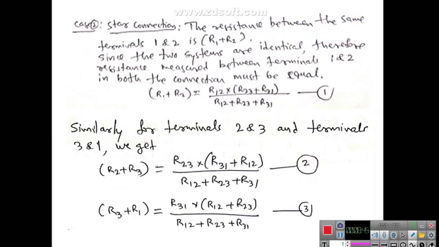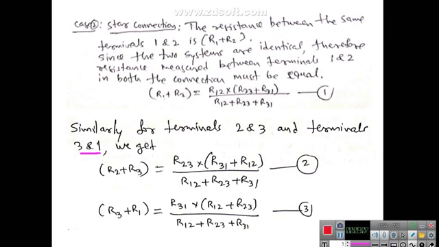Then between terminals 3 and 1 in the star system, R3 plus R1 must be equal to, in the delta system, R31 into R12 plus R23 divided by R12 plus R23 plus R31. You can call this equation number 3.